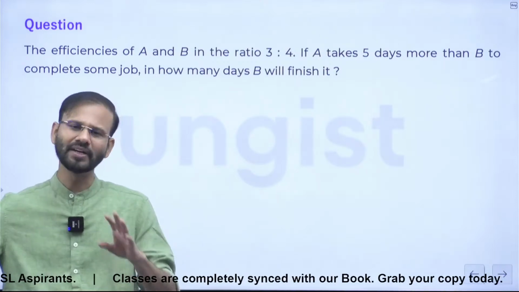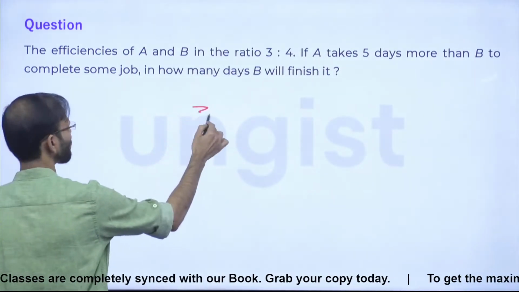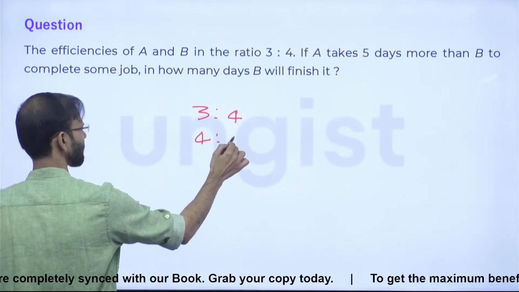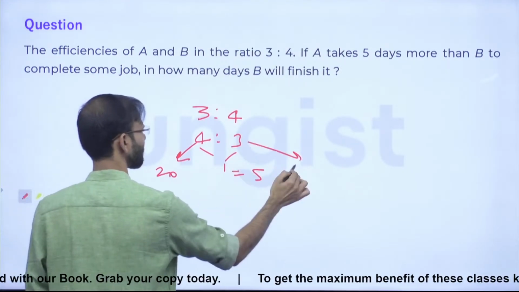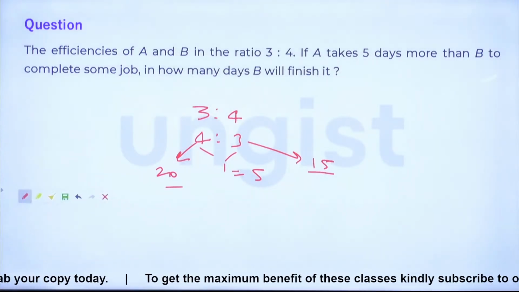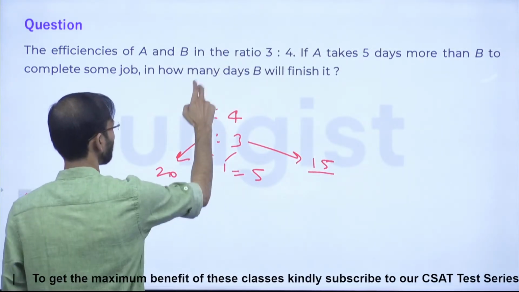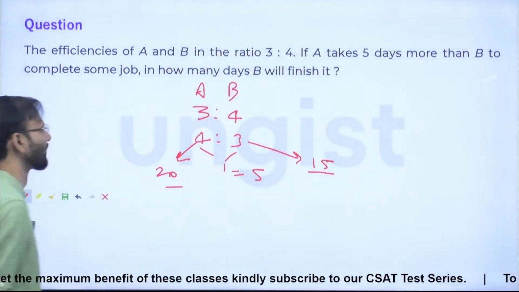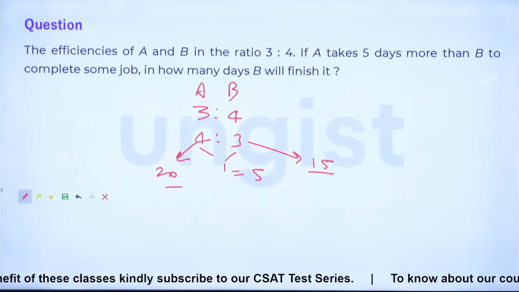I mean, B will take less time, so B will be 15, A will be 20. देखिए, 3:4. So this is 4:3. Difference is 1, 1 is equal to 5. So this is 20 and this is 15. Right? Just by looking at the question, you can think about it. Right? So here it is A and here it is B. Correct? How simple the question is, guys.